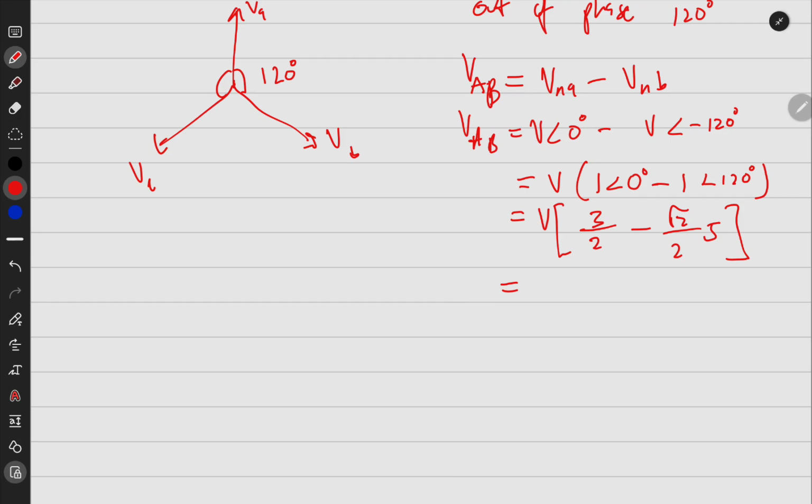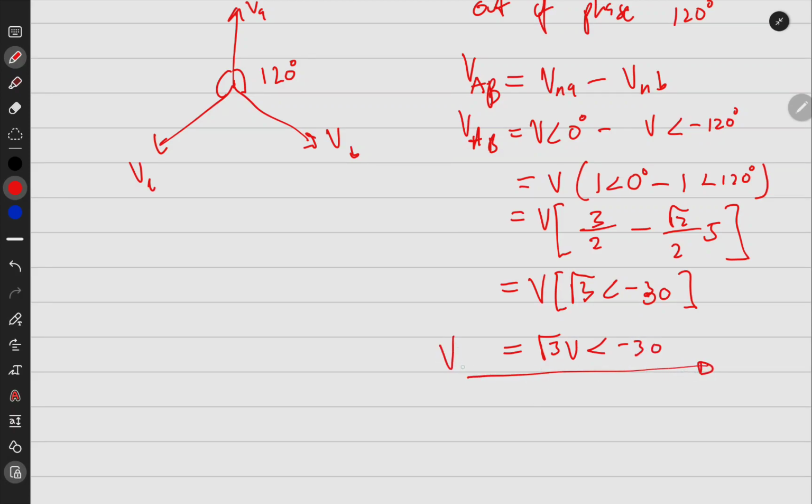If I change it back to polar, let me just do it with my calculator again. You could do it in your head if you can, but I prefer to use the calculator. Now I'll have V times root 3 angle negative 30, so root 3 V angle negative 30 degrees. That is going to be my VAB, which is a line voltage.